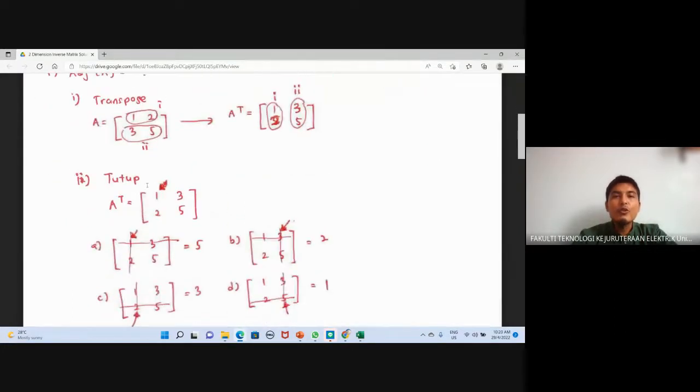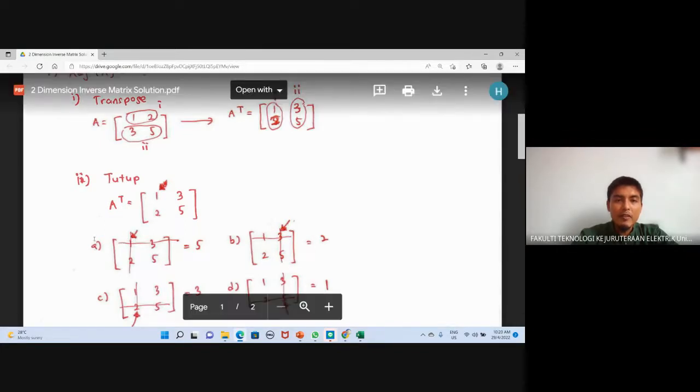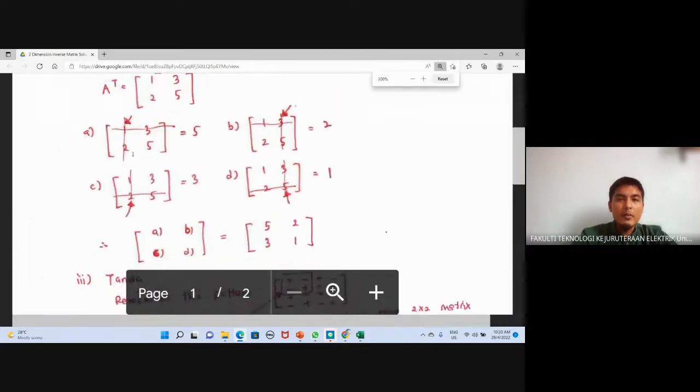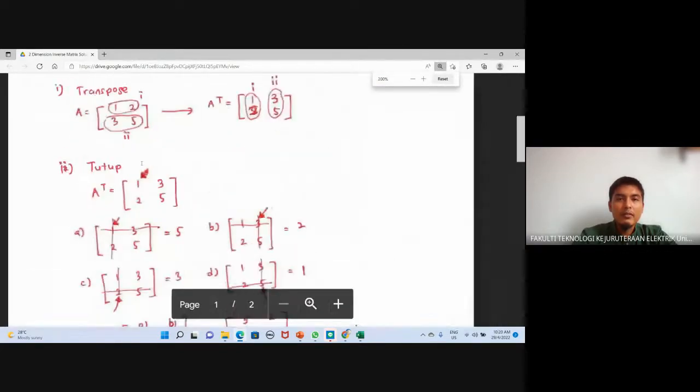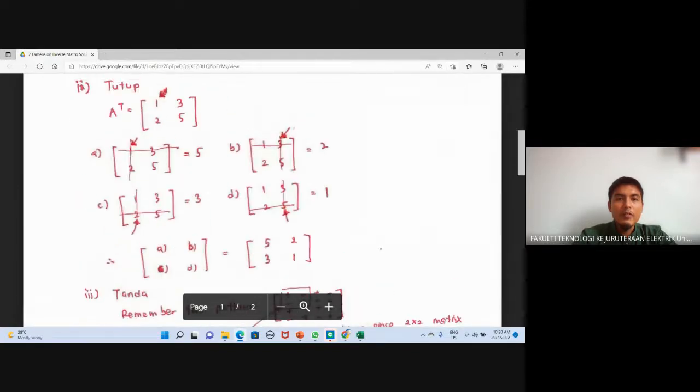And then after that, you tutup. If you want to fill up this part, let's say 1 is the A location, 3 is the B location, 2 is the C location, and 5 is the D location. If you want to fill up the value here, you refer to A and you need to tutup.